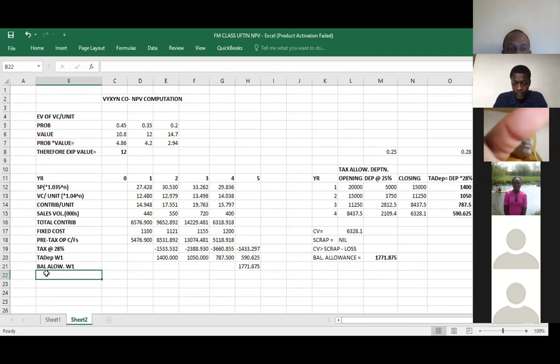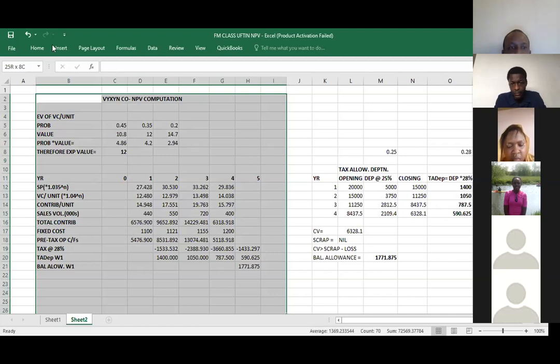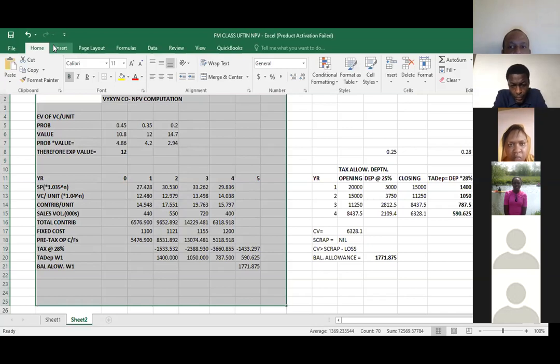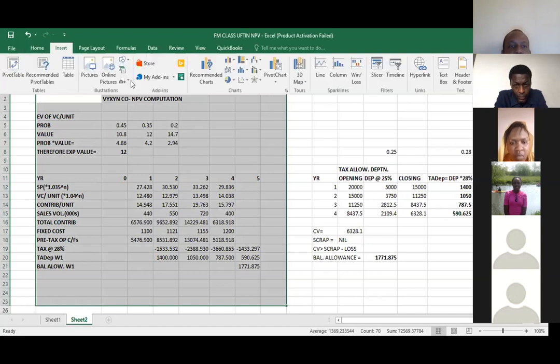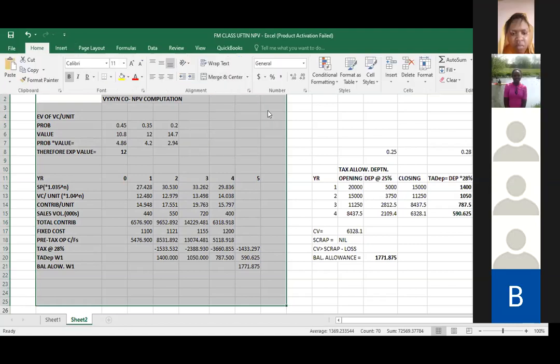Initial outlay. No scrap, no working capital. So we would have put initial outlay even before working capital. Okay, so we have our initial outlay.